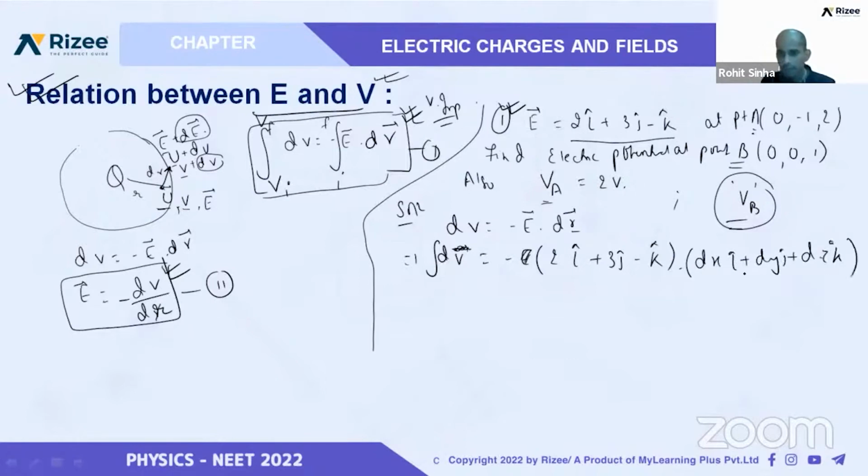This is the electric field and this is dr, and there is a dot product here.